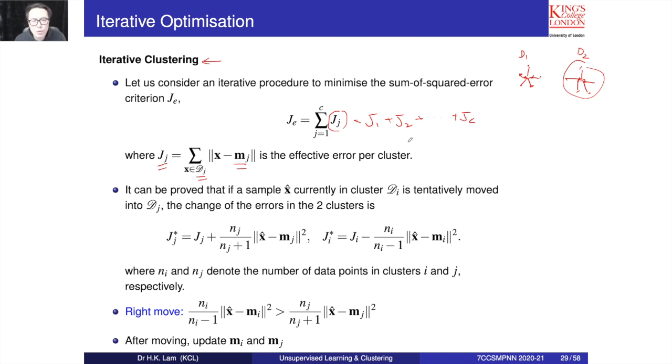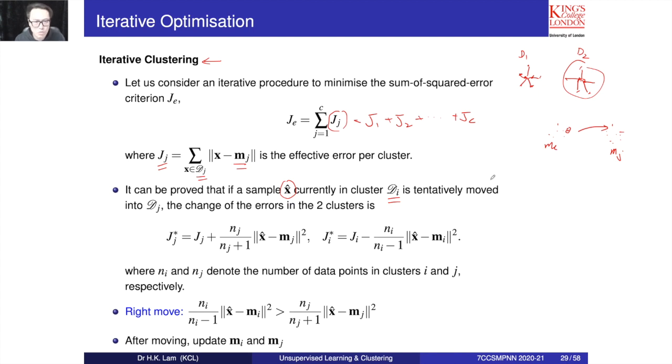And now we propose one method: we randomly pick one sample from cluster i. We have a sample right here in cluster i, with center Mi, and then we have another cluster with center Mj. We are going to move this sample from i to j. That is what we propose.